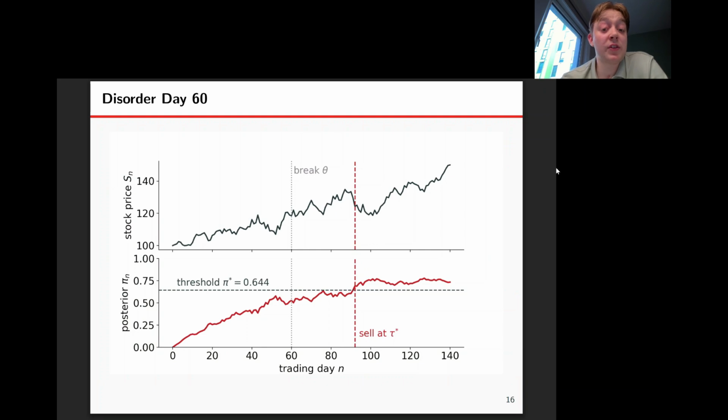This is just a graphic to show as an image what's going on. On the top is our stock, and on the bottom is our posterior probability that the disorder has happened, pi n. And we notice that as the disorder occurs on day 60, how long it takes for our model to notice and rise above the threshold of 0.6.